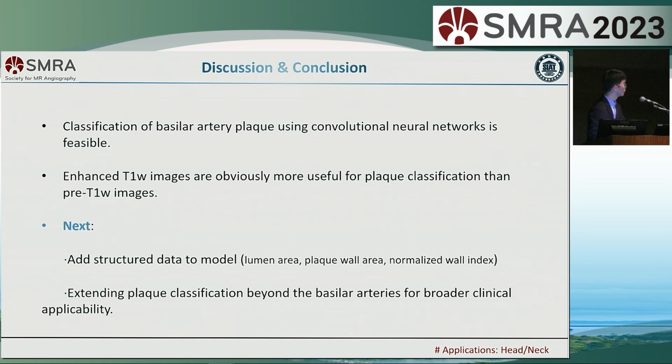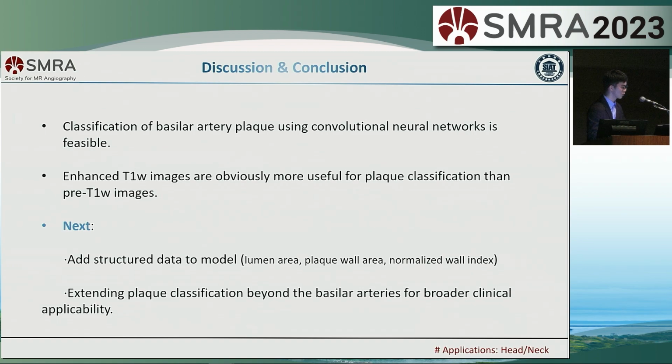In conclusion, our study proved that classification of basilar arterial plaques using convolutional neural networks is feasible, and enhanced T1 weighted images are obviously more useful for plaque classification than pre-T1 weighted imaging.